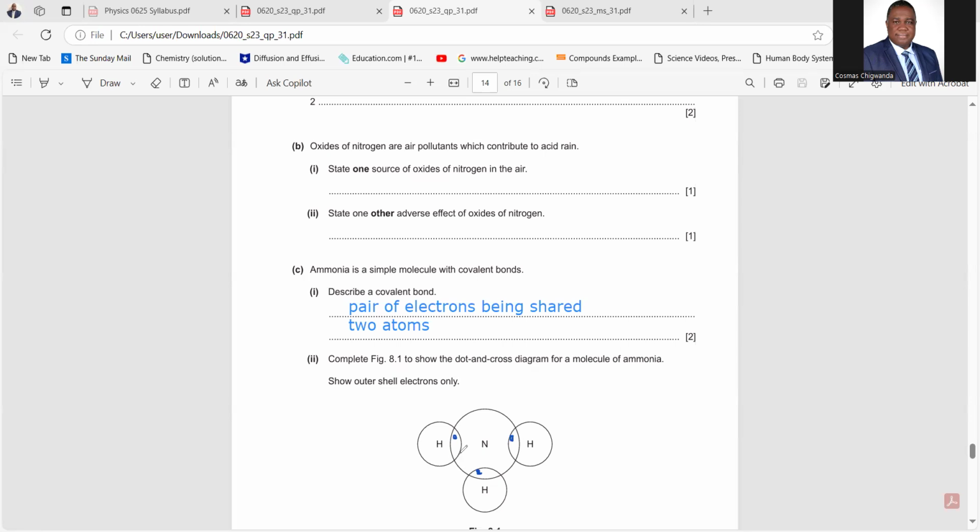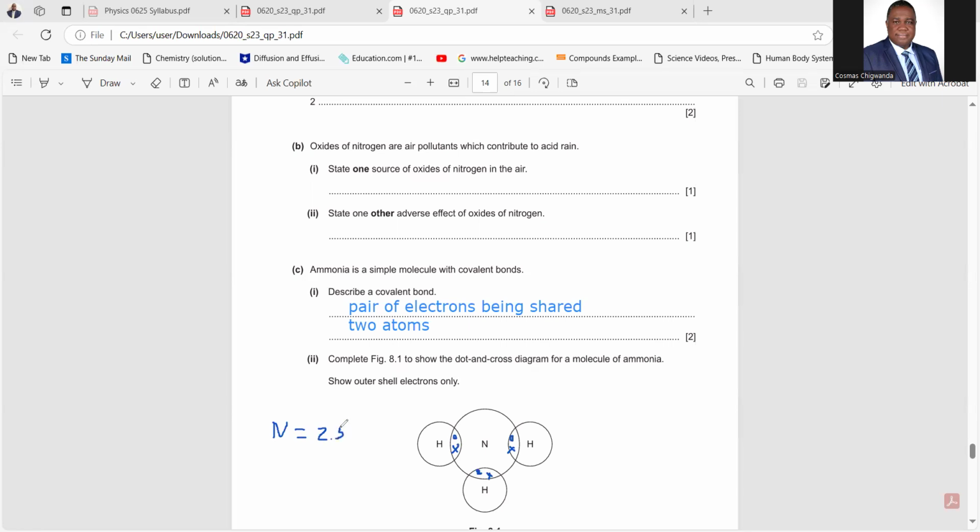I move on to nitrogen, so I'm going to put that's X for nitrogen. That's X for the other nitrogen, and then that's X for the other nitrogen. Now, if you look at the electronic configuration for nitrogen, I suppose you still remember that nitrogen is atomic number 7. So its electronic configuration is 2.5.